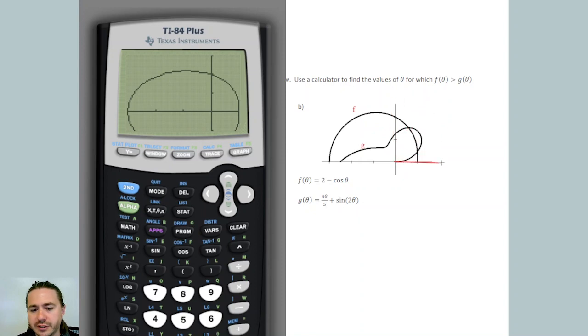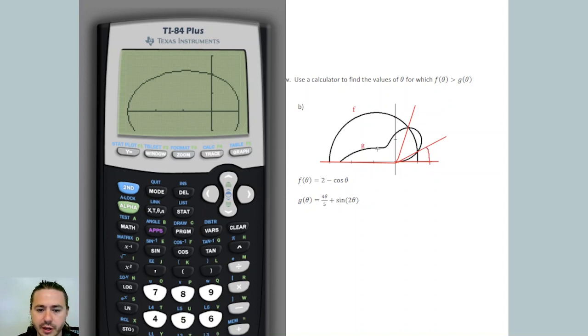So it's almost like we're going to have two intervals here where F is greater than G. Between here and here, F is greater than G. But then also between here and here. So there are going to be two sets of solutions here.